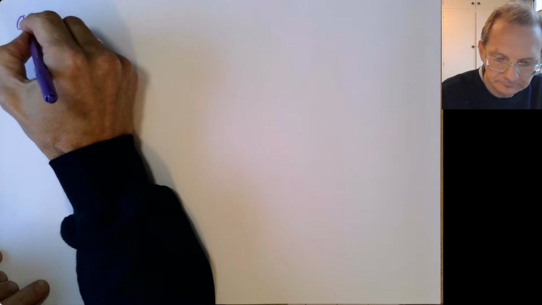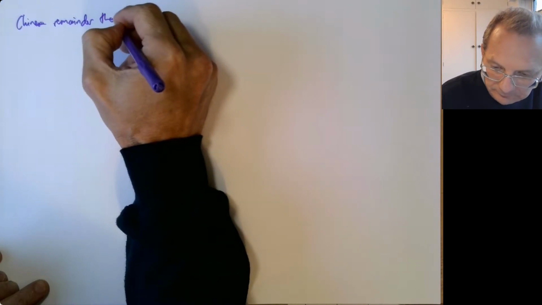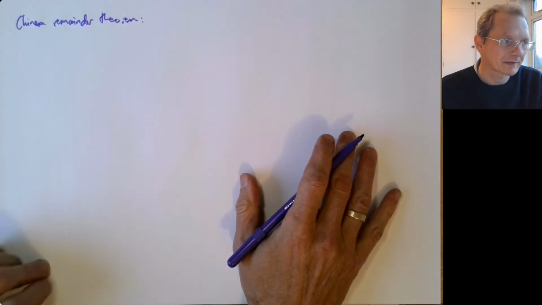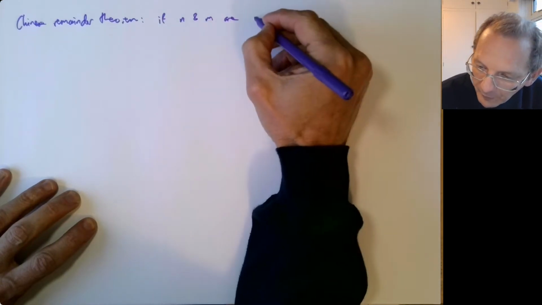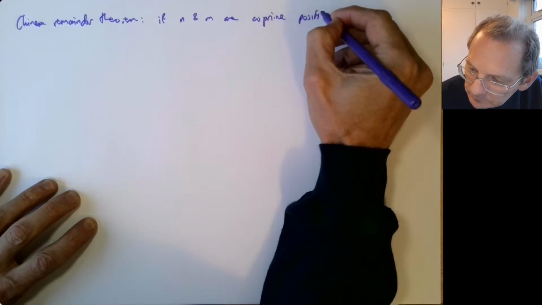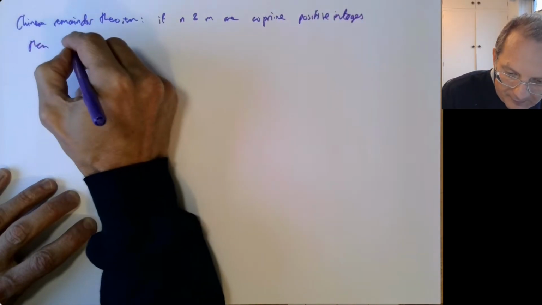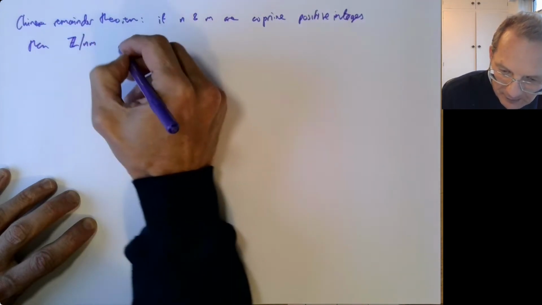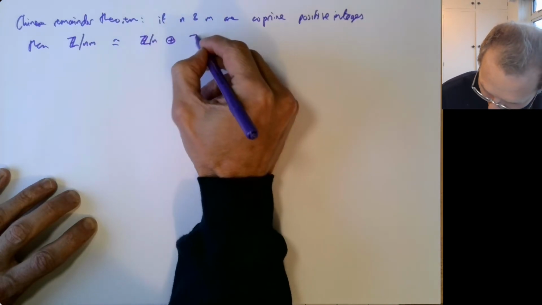Okay, so next key thing that we need is the so-called Chinese remainder theorem. Which says that if n and m are coprime, then the group Z mod nm is isomorphic to Z mod n direct sum Z mod m.